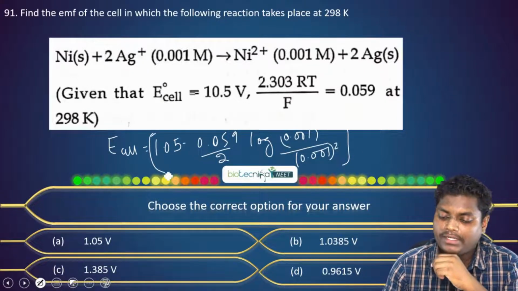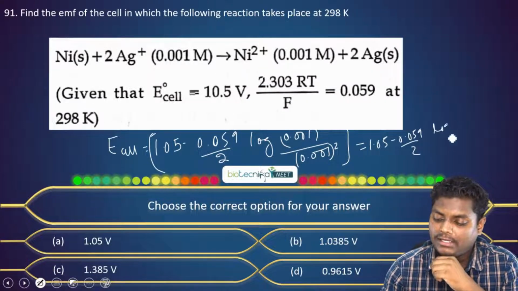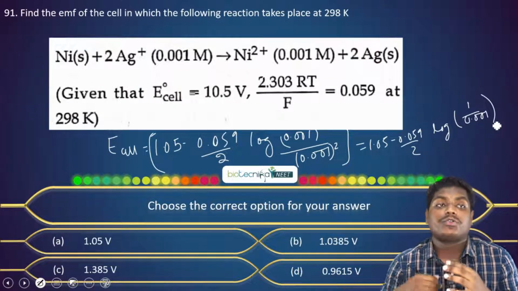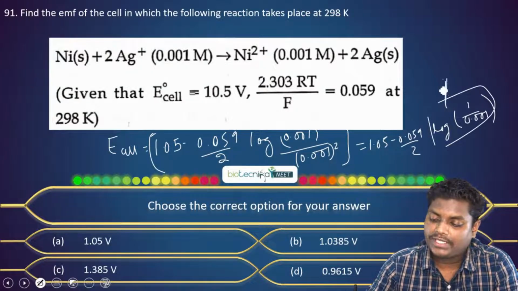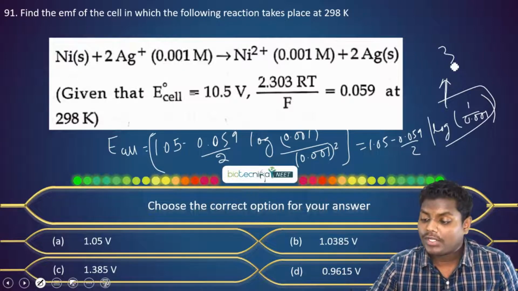If you solve it, it will be 1.05 minus 0.059 upon 2, and it will be basically 1 upon 0.001. Since it is getting reversed, 0.001 will be 1 upon 1000.